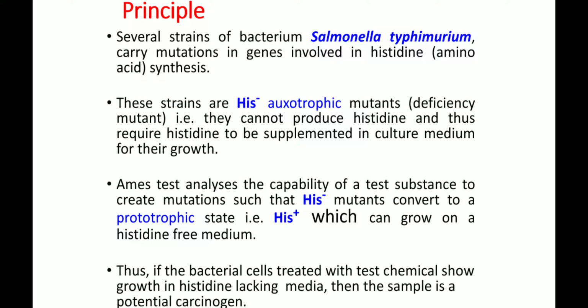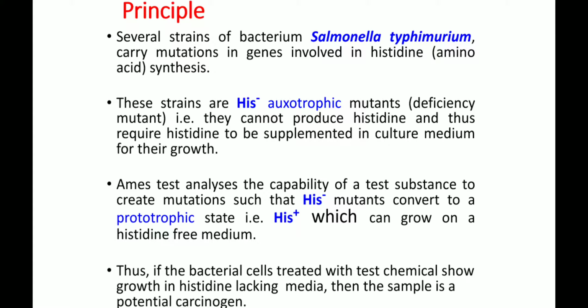Similarly, there is a histidine operon in Salmonella typhimurium, in the structural region of which, or his operon, there are various places that get mutated, because of which there is no histidine biosynthesis in these strains. So there are several strains of Salmonella typhimurium which carry mutation in genes involved in histidine synthesis. I am talking about these strains.